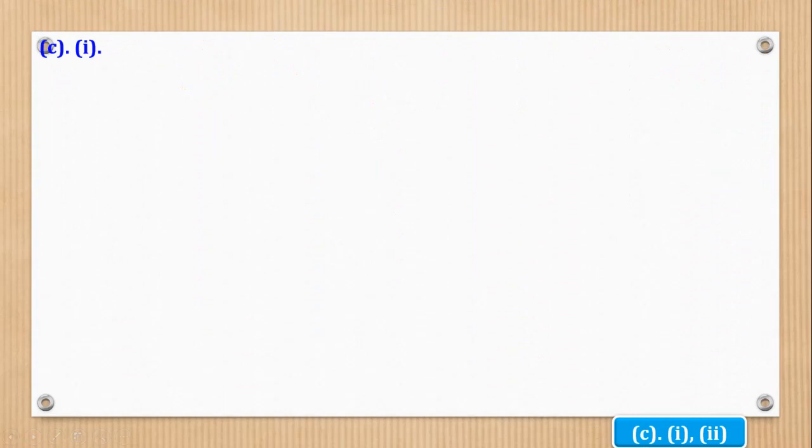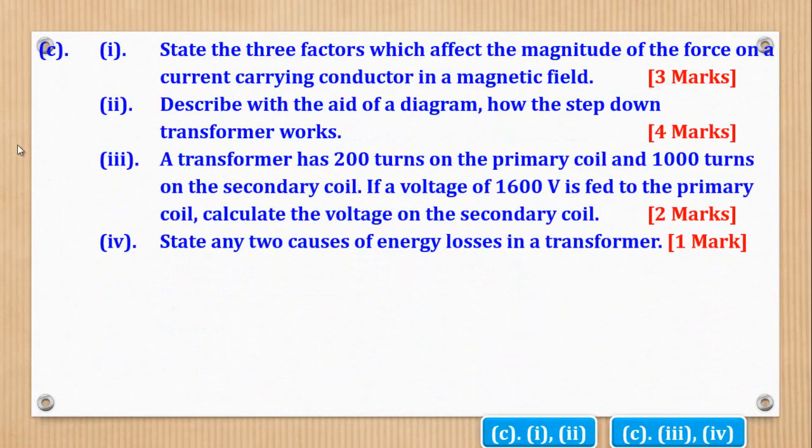Then part C, Roman 1: state 3 factors which affect the magnitude of the force on a current carrying conductor in a magnetic field. I think let's start with that.